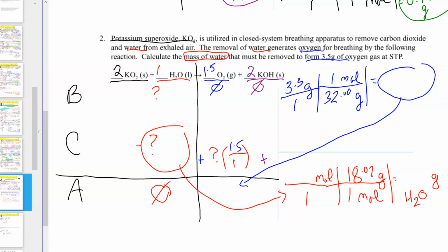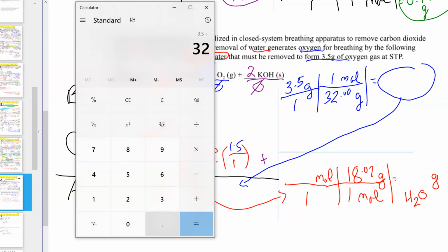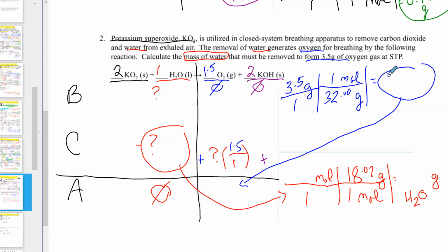So 3.5 grams of oxygen. Oxygen is O2, remember. So we take 3.5, divide by the molar mass, which is 32. We're going to get 0.109, and that's going to be your moles of O2. So right down here, we produce 0.109 moles of O2.